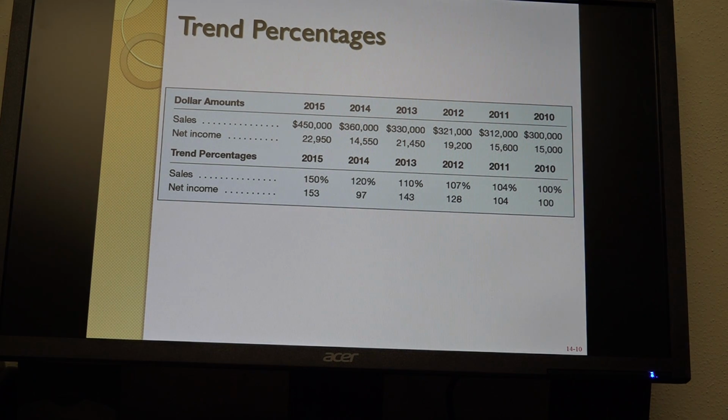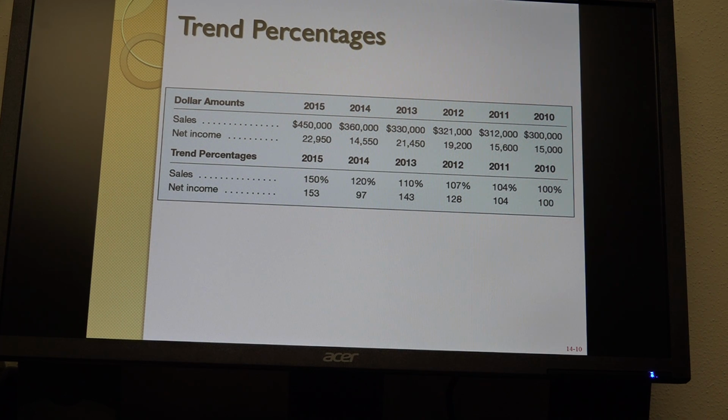And so here, in this example, we've got sales and net income for this company for years 2010 through 2015. Your base year is 2010. Everything else, all the other years, are analyzed based upon the base year of 2010.